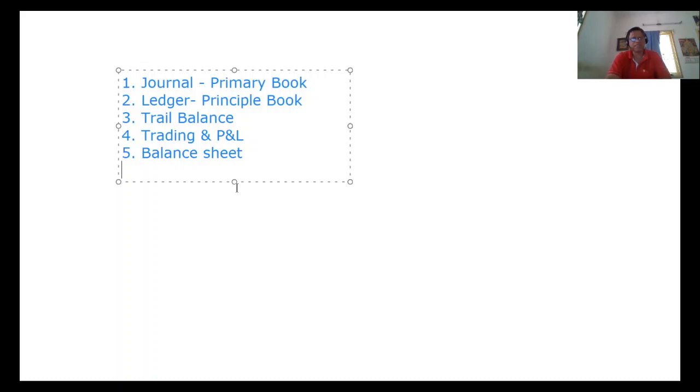So let's understand one by one how we are going to look at and how we are planning to understand the further portion of fundamentals of accounting, right? Let's see how we are moving into that.